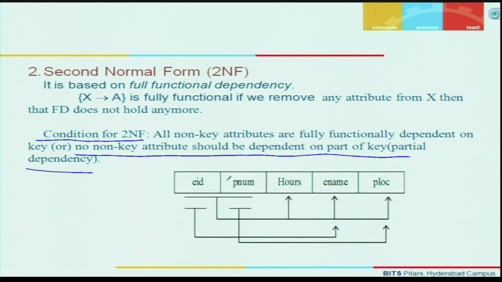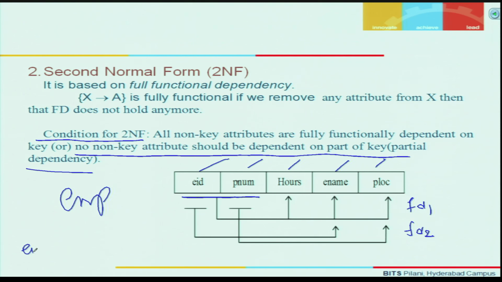If you look at this relation, the employee relation, it has employee ID, pnum, hours, ename and p-location. The combination of employee ID and pnum determines all other attributes. This is FD1 and this is FD2.